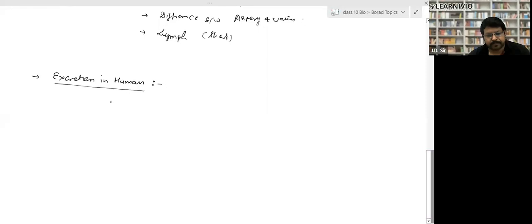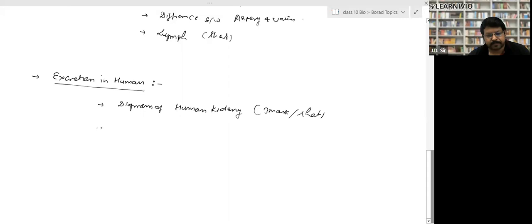When we talk about excretion in humans or in animals, the most important thing is the diagram of the human kidney. That will be a 3-marker question, which means a short question, not very short, a short question.